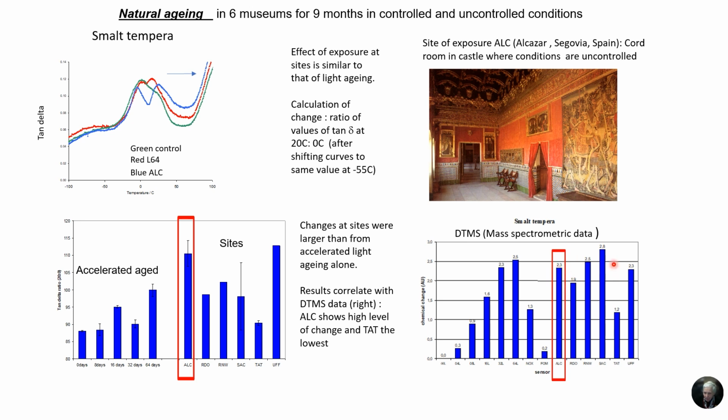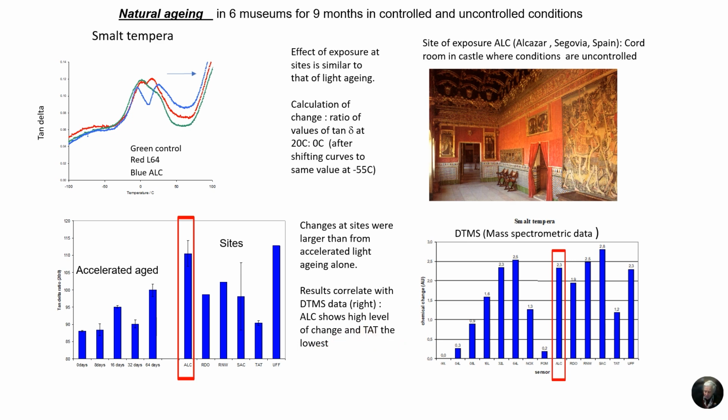Together here with the sample exposed at Sandham Memorial Chapel, with DMA there was a large variation, so the result is not a very good one for Sandham Memorial Chapel, but we have coincidence there with the Alcazar sample giving a large response. And again, the Tate has the lowest response.